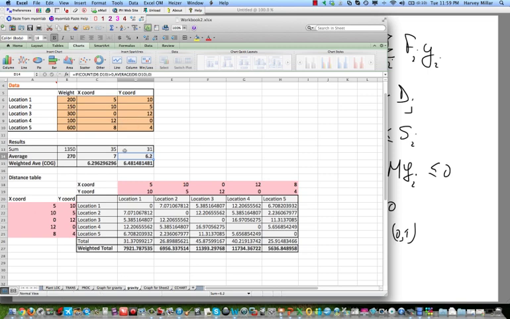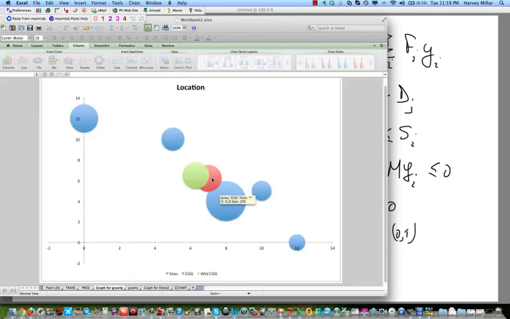This is Excel OM, so the macro is already written for this problem, and we could see a graph of it right here. Apparently this is where we would locate the facility, and that minimizes for us the weighted distance.